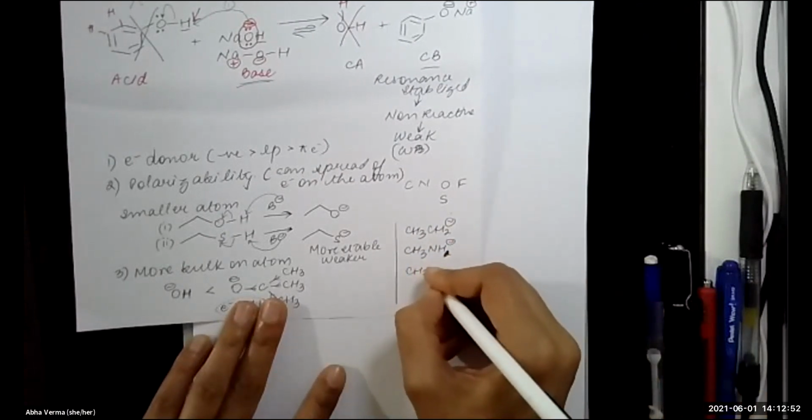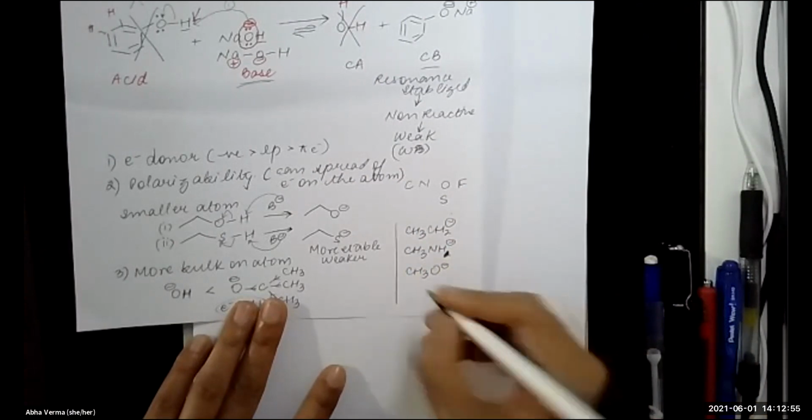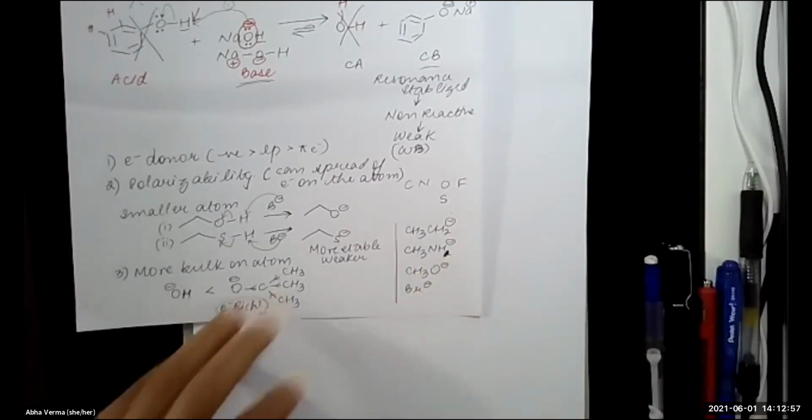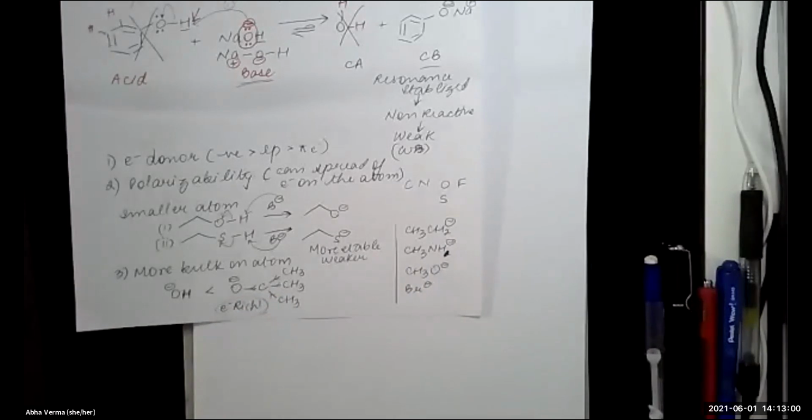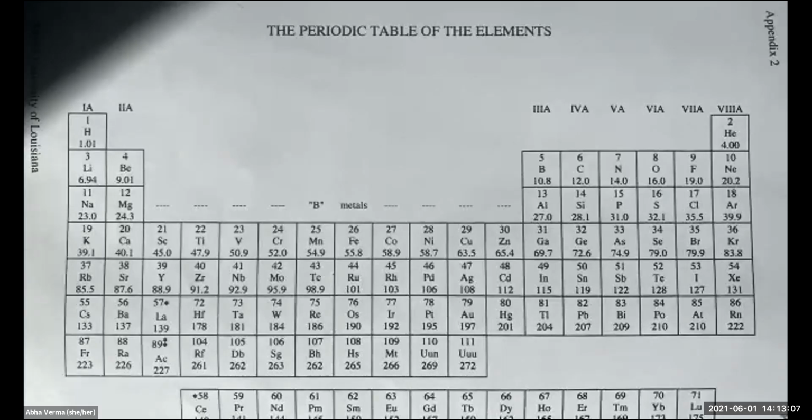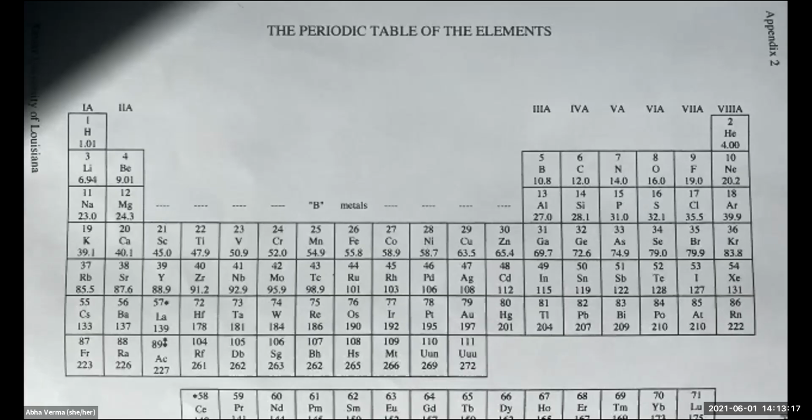You will have CH3O negative, and then you will have a PR negative. Can you all see my periodic table now? Yes. Okay, good. I'm going to launch the poll now. So which among the following is the most basic of them all?